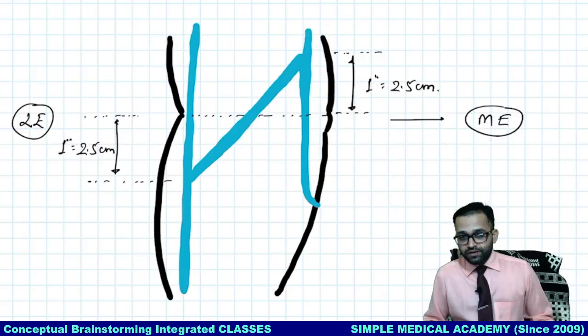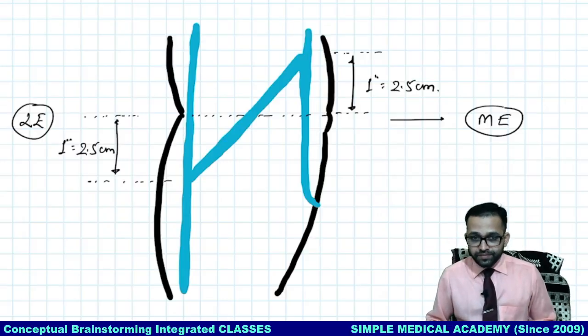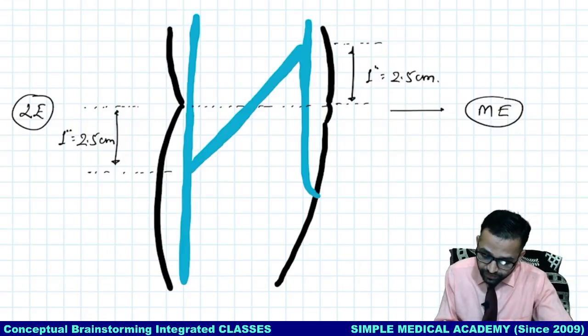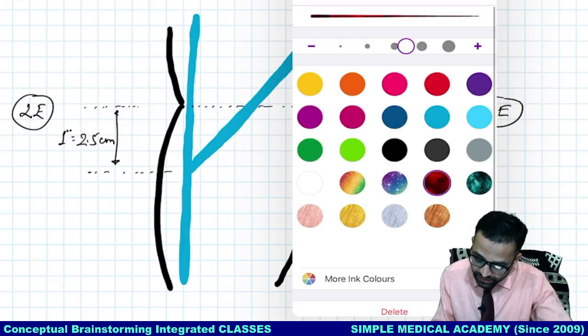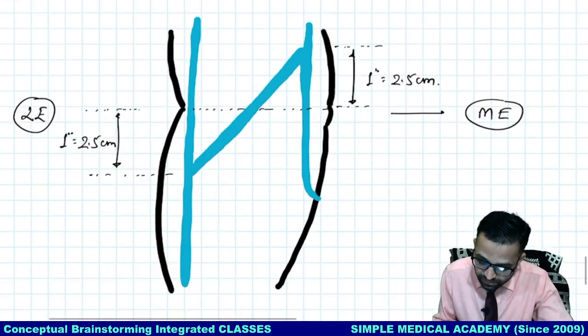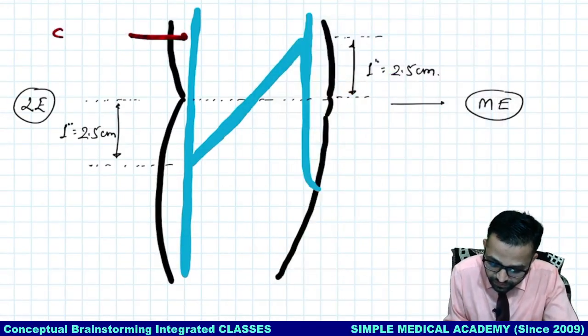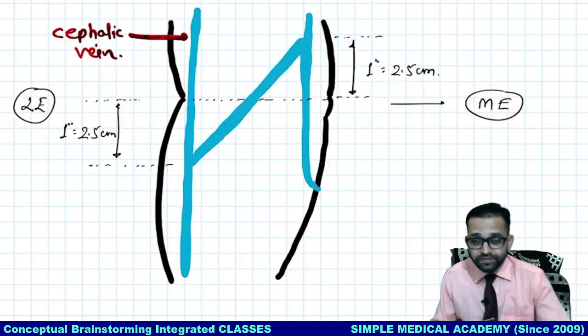Getting the point? Fine. Okay, so now try to understand the different labelings. Again, these are the contents. So here you can say the cephalic vein.